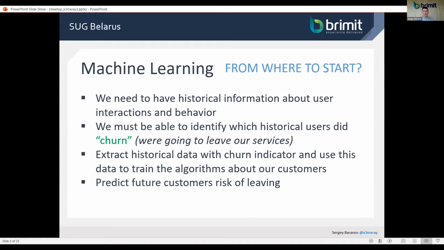But if we can do it, all we need is to extract our historical data set, mark our churn customers, and use this data to train our machine learning model. In the future, we can use this machine learning model to predict the risk of churn.